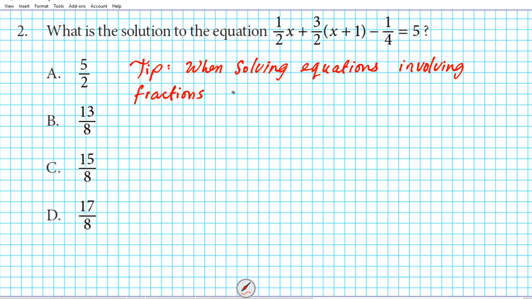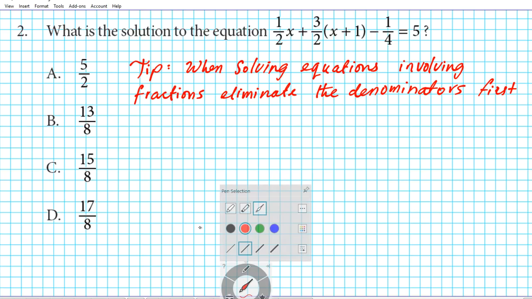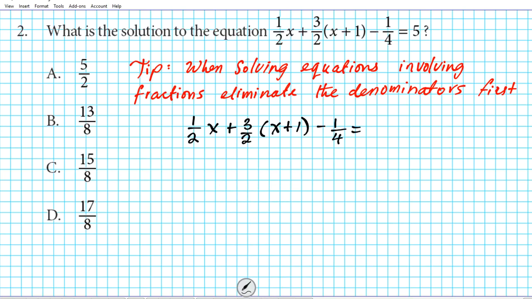So when solving equations involving fractions, eliminate the denominators first. If we can eliminate the denominators, we are creating a situation where it's easier for us to solve the equation. Now, let's take a look at this. We have 1/2 x plus 3 over 2 times x plus 1 minus 1/4 equals 5.